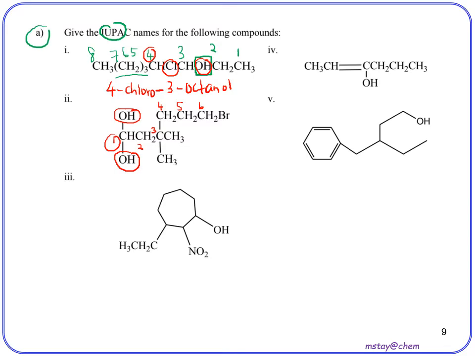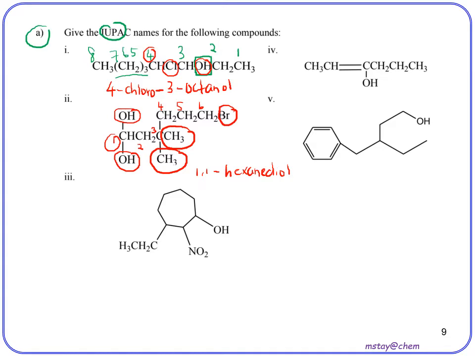So the parent name will be known as 1,1-hexanediol. Then we have two substituents, CH3, CH3. So this one will be 3,3-dimethyl, and then we also have another substituent, bromine, at the 6th carbon.